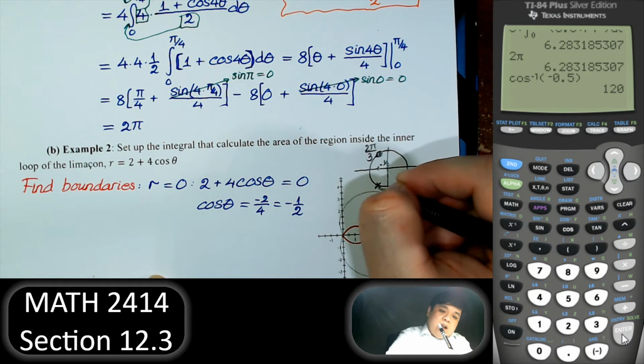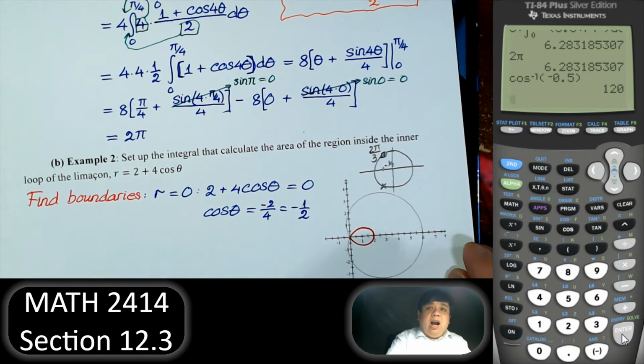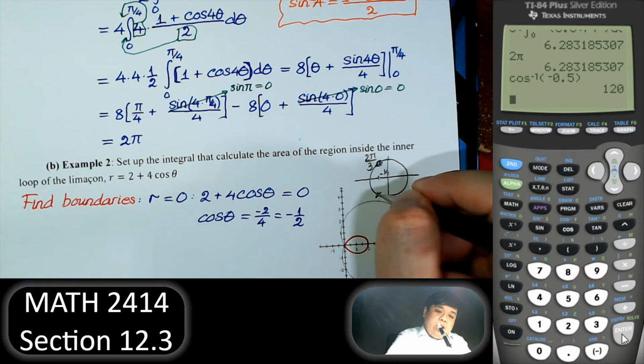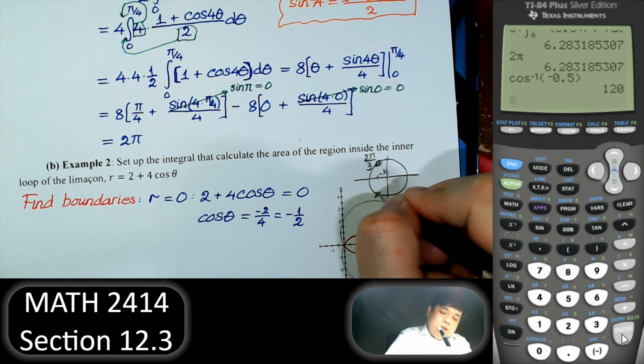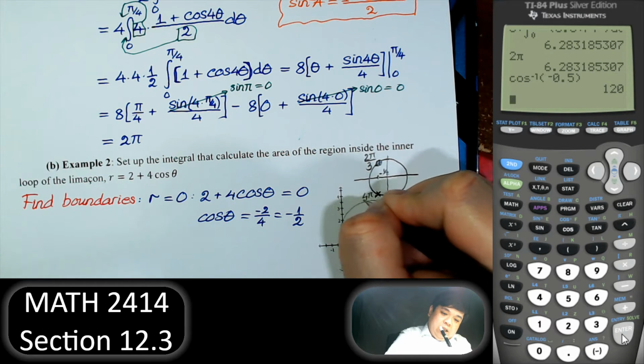And the other one is opposite from that, from the polar axis. So that is 120, and then we go negative 120 or 240. So this point is going to be either that or 4 pi over 3.